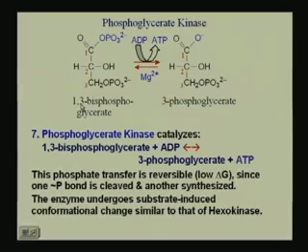So, now we have landed up with 1,3-bisphosphoglycerate. Now, what happens is this phosphate is taken up by ADP to produce ATP. Okay? So, we have now the first reaction where we have produced ATP in our glycolysis step.